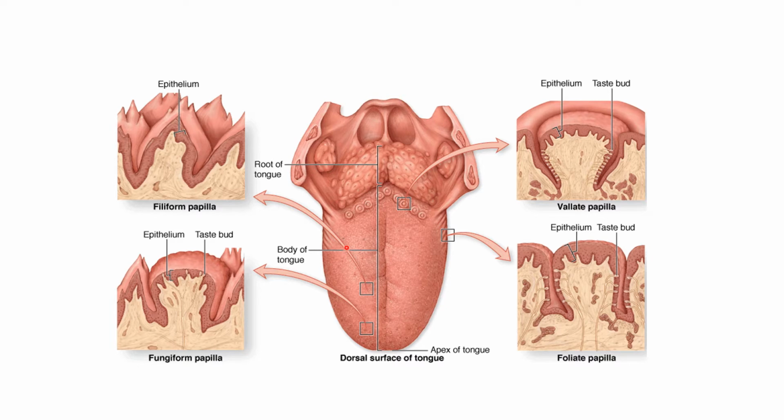They are placed parallel to this sulcus, while at the tip they are placed transversely, and the foliate papillae are present on the lateral border of the tongue more posteriorly.